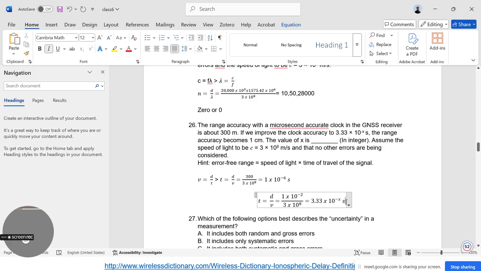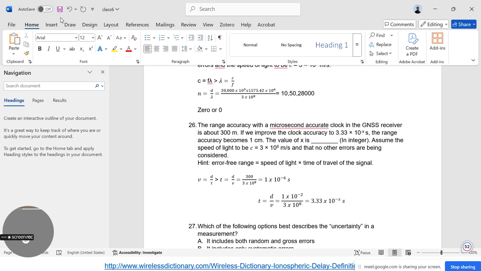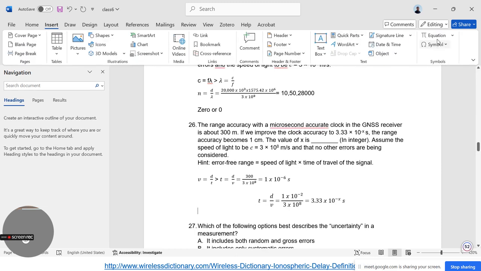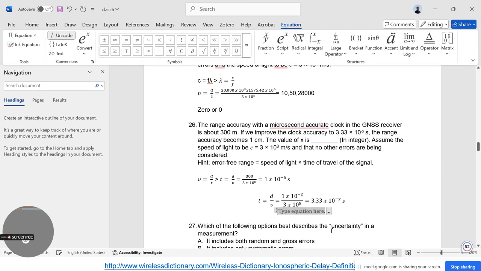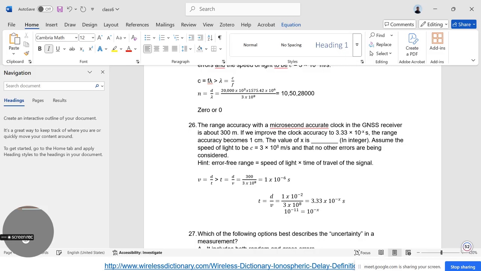So we will get 10 to the power minus 11 is equal to 10 to the power minus x. If we solve this, the value of x is equal to 11.